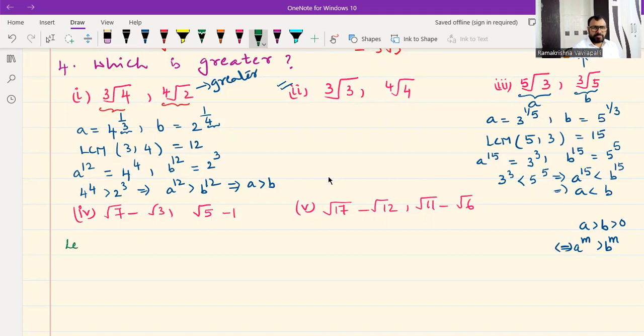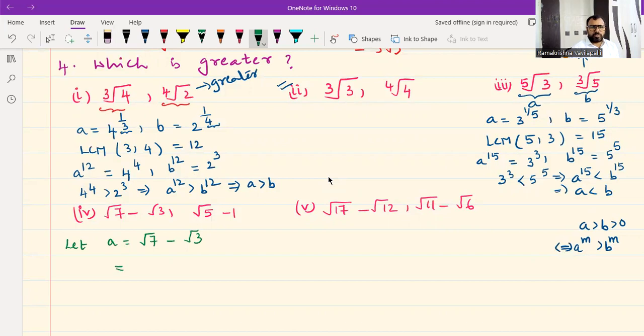Let A equal root 7 minus root 3. You just multiply numerator and denominator by its conjugate, because we can compare when the sum of two surds is given.